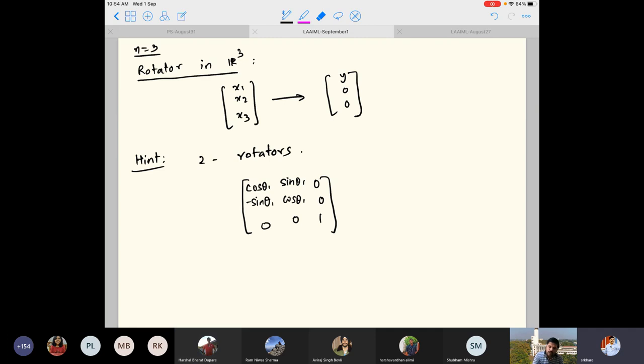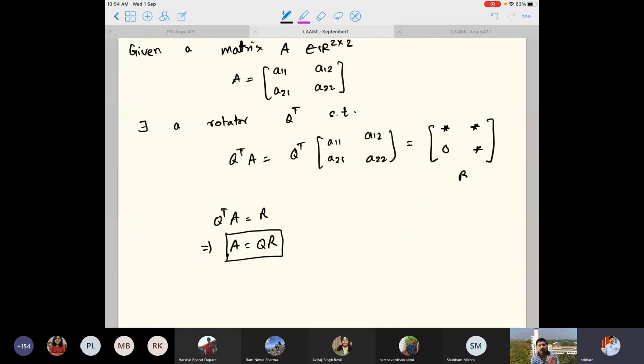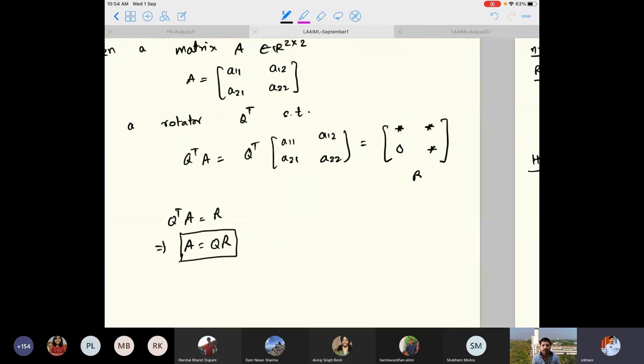Yep. Correct. So if you apply on x1, x2, x3, what is going to happen? This x3 is going to remain as is. Correct. And now x1, x2 are only going to change. And the way x1, x2 are going to change, what will you do? You will find out matrix Q. The way we said, we will find the matrix Q, use a similar calculation.